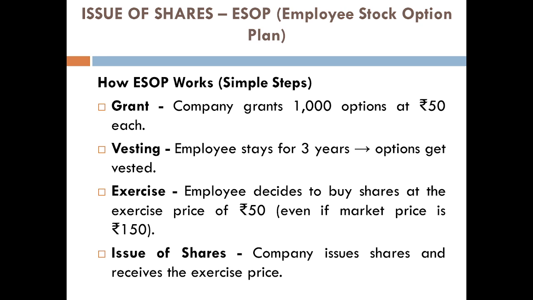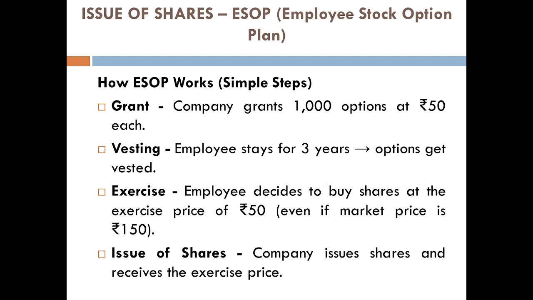How does ESOP work? The company grants, say for example, 1000 options at rupees 50 each, where the vesting, they say the employee should work for 3 years to get the option to be executed.